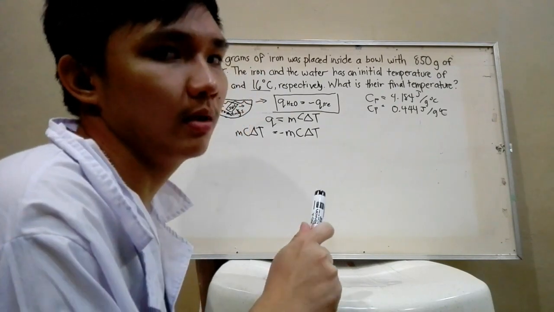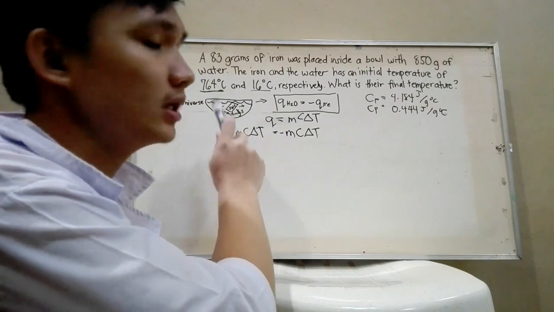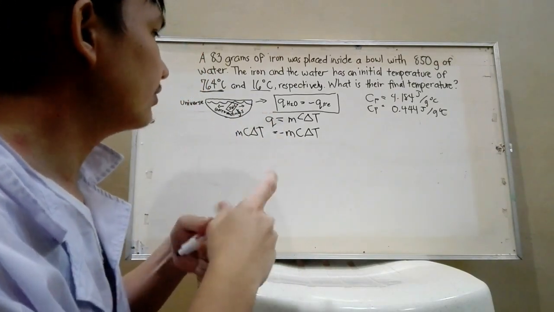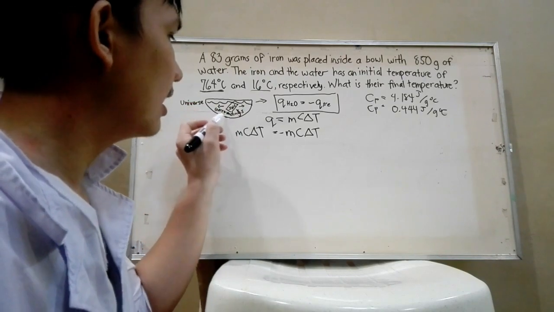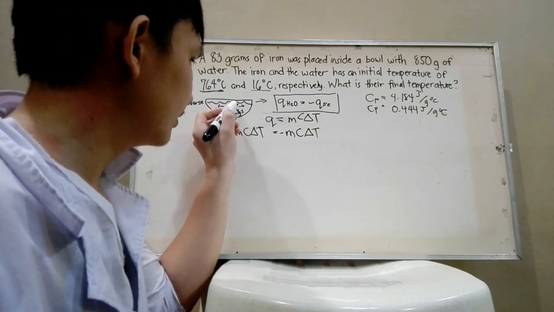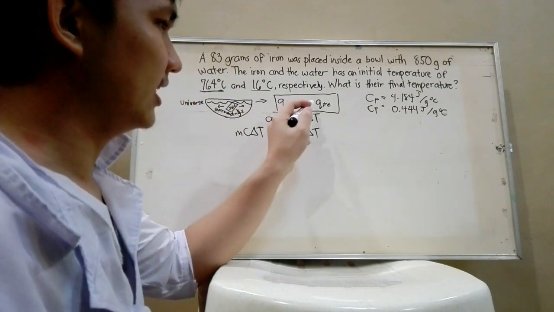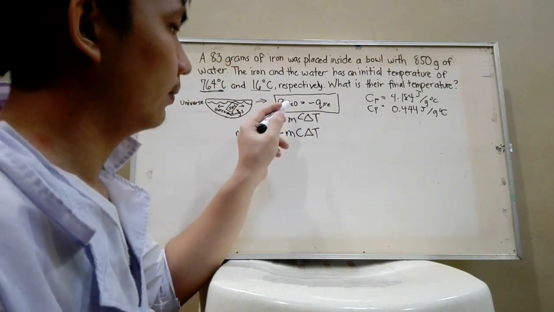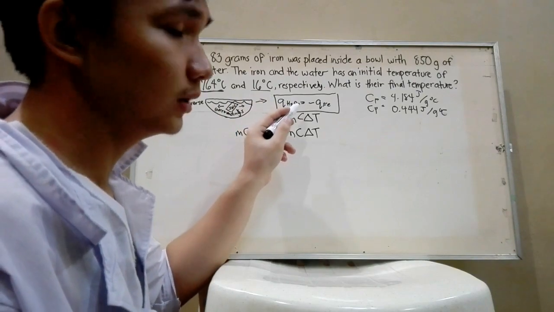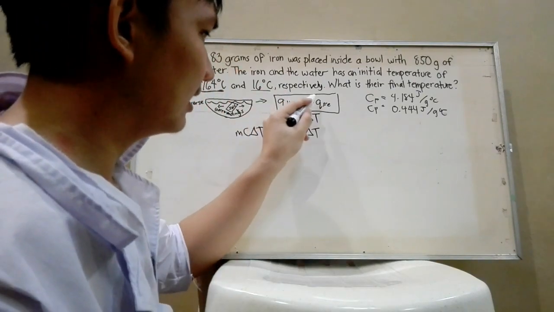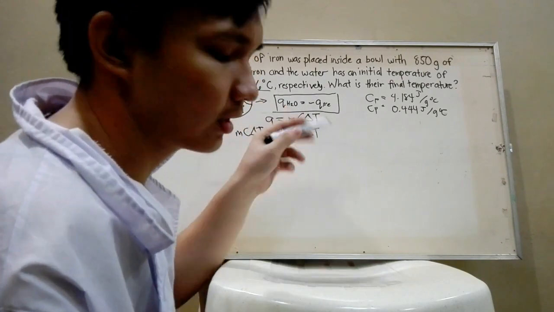In this problem, I drew a concept of a universe wherein the water serves as your surroundings here, and the iron serves as your system. So I derived this equation. The heat of water is equal to the negative heat of the iron. So why is it negative here?